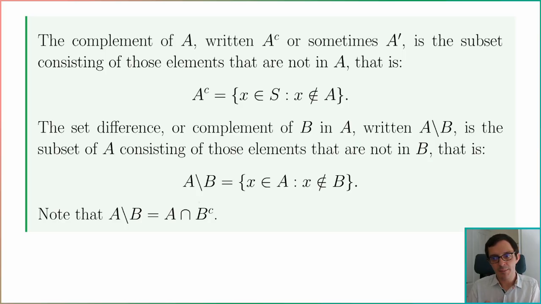Notice that B is not required to be a subset for this notation at the end. So when you see this being used, you can't assume that B is a subset of A. It usually is, but the definition there doesn't require it.